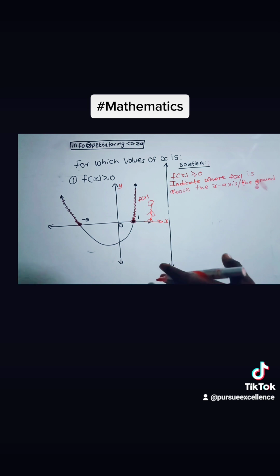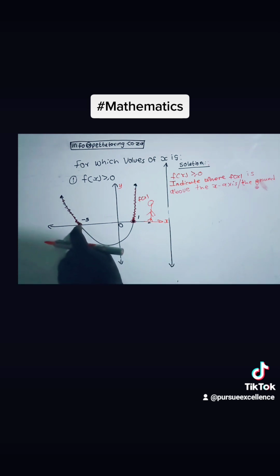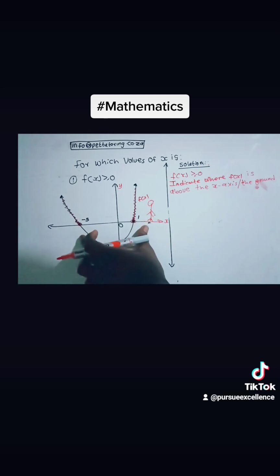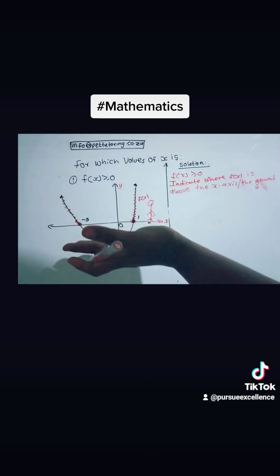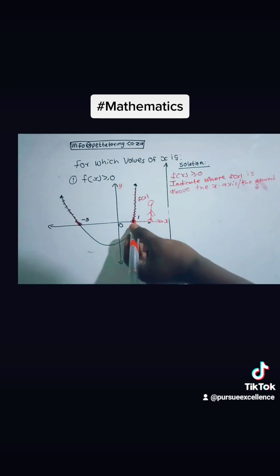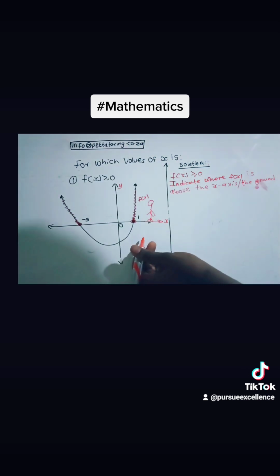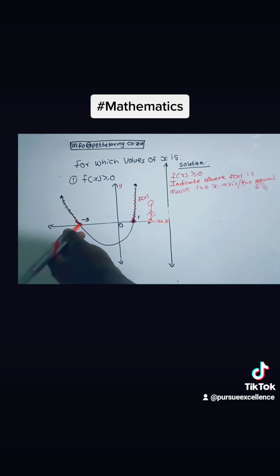She cannot see this part from -5 going down up to this, because this part is below the ground. Only the part that is above the ground is from +1 going upward and -5 going upward. All right, so there we go.